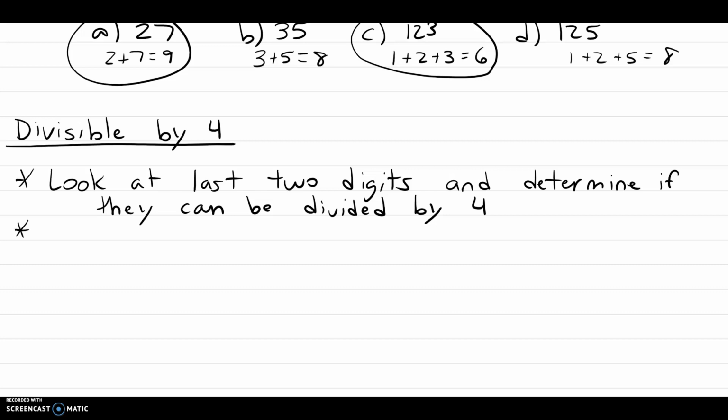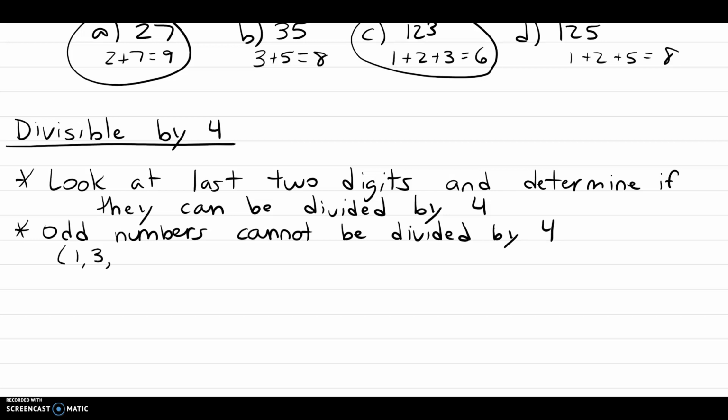So one quick trick for 4 is that odd numbers cannot be divided by 4. So remember, the odd numbers are 1, 3, 5, 7, 9. Any number that ends in 1, 3, 5, 7, or 9 would be considered odd.